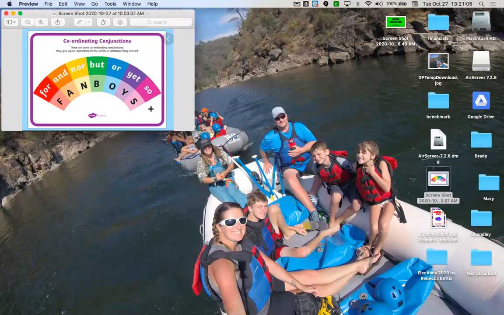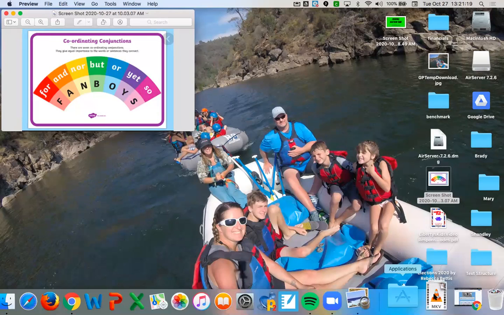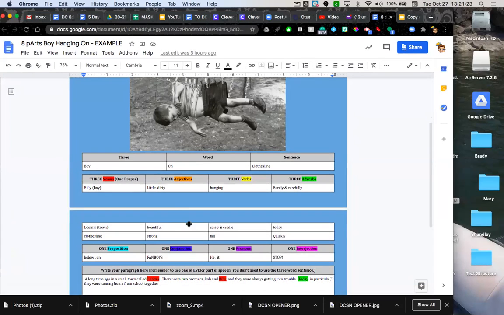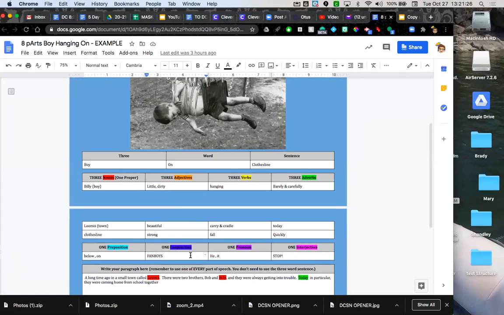Those words are all conjunctions. Okay, and so you would want to use some of those conjunctions in your writing: for, and, nor, but, or, yet, and so. Okay, so I didn't fill in a conjunction yet. Let me use, I'm just going to throw and on there as a conjunction I would use.